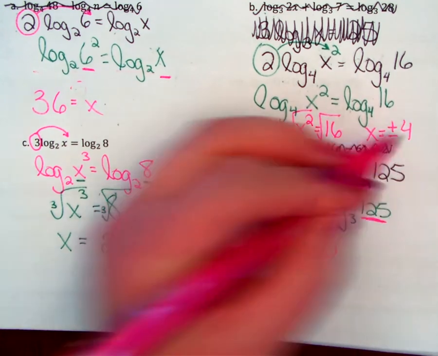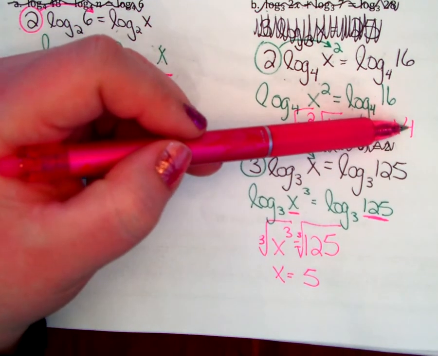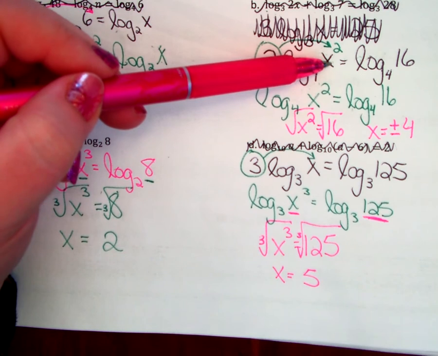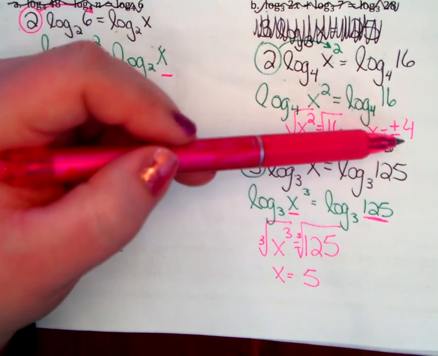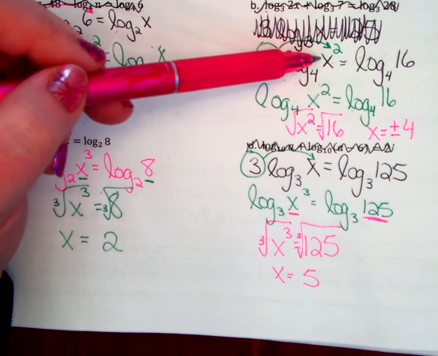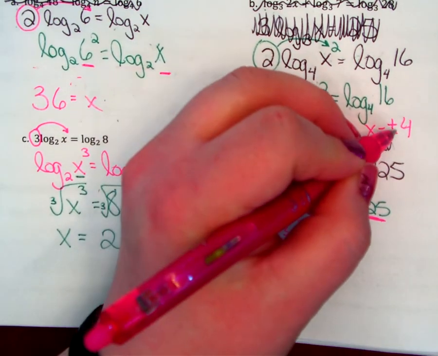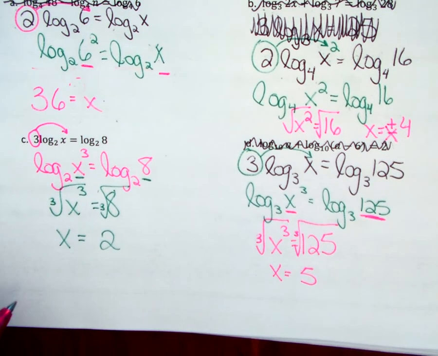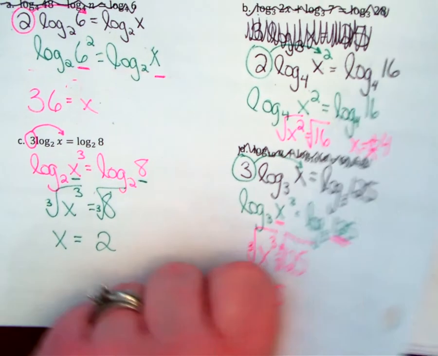So x is equal to plus or minus 4. If I take that positive 4 and put it in for x, then I can get that the answer is true. But as soon as I take that negative 4, I now have log base 4 of a negative number. And that doesn't work. So actually, the negative does not apply. The answer is only positive 4. You cannot take the log of a negative number.